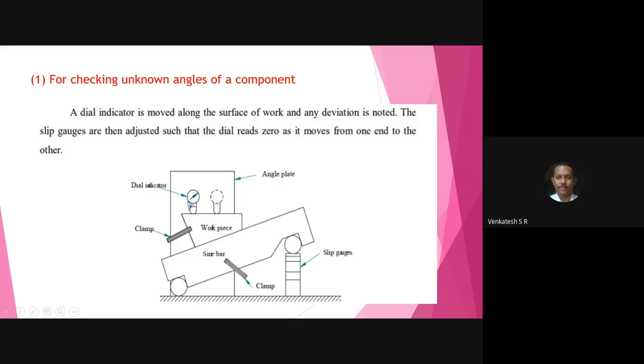If the deflection of the dial indicator is less than 30 divisions, or you will not get 0, you will get 30 divisions. If it is less than 30 divisions, then whichever slip gauges you have calculated by using the universal bevel protector, that is correct. So like this, you can calculate the taper of the workpiece by using the sine bar.